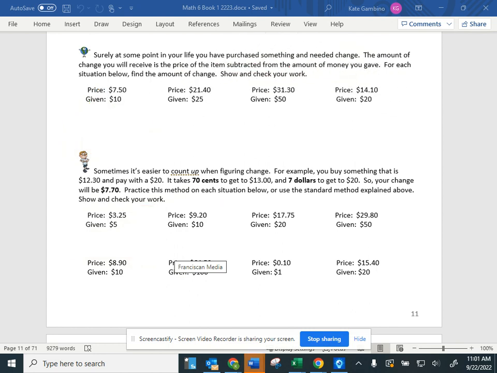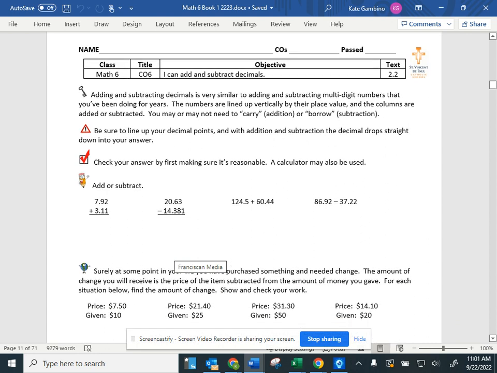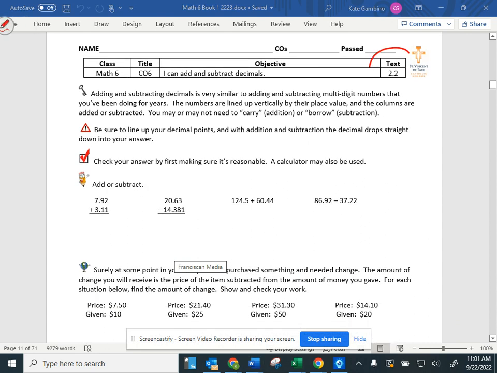If we look at the top of our page, we always see this on our objective page. So it says text 2.2. The first number is our chapter, so this objective comes from chapter 2.